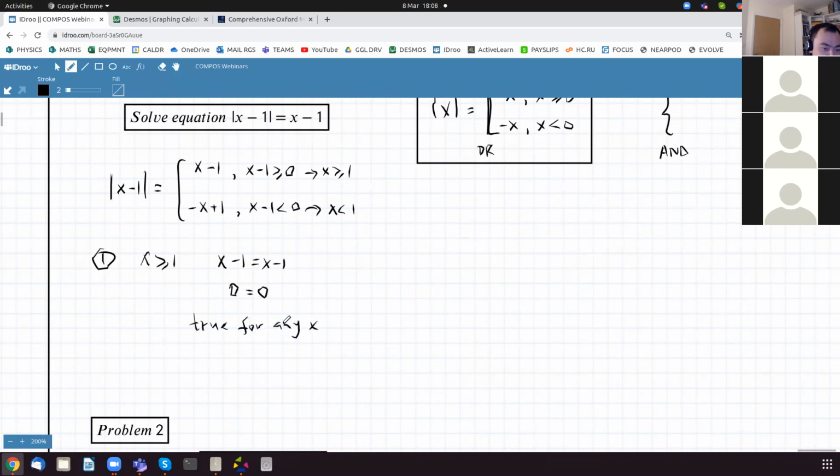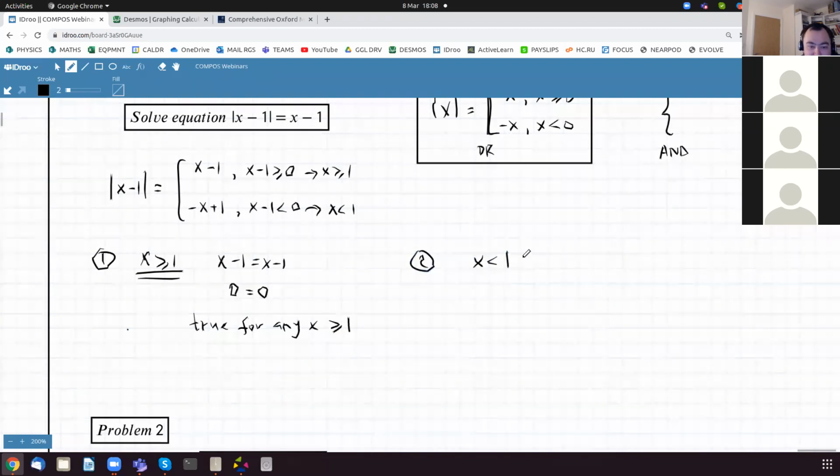But that's not the case, because we're not allowed all x's. We're only allowed the x's where x is greater or equal to 1. Second, we're looking at x less than 1.